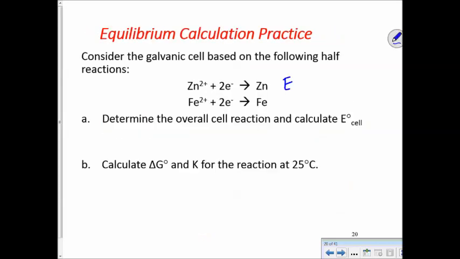So the E red for this one is, what's that? That's what I'm getting, yes. Okay, just checking. And for the iron, that one correct? Now, obviously, in order to create a positive E cell, which one do you need to flip? Zinc needs to flip.